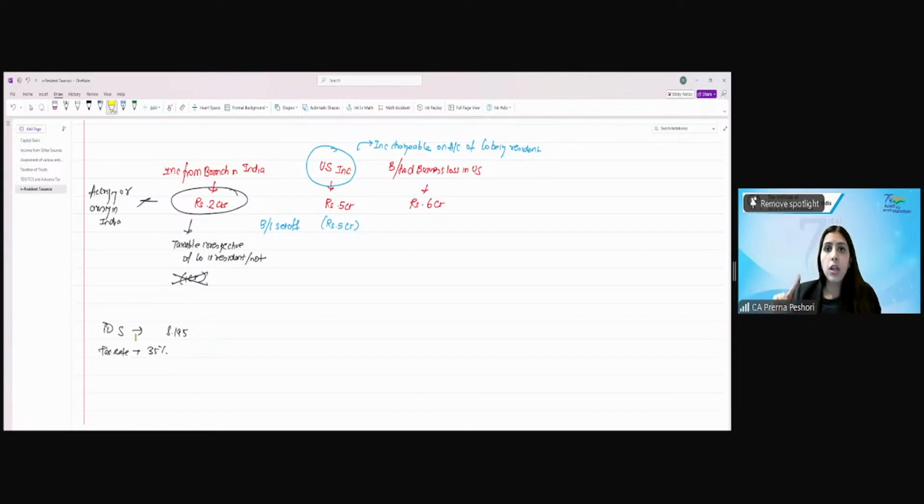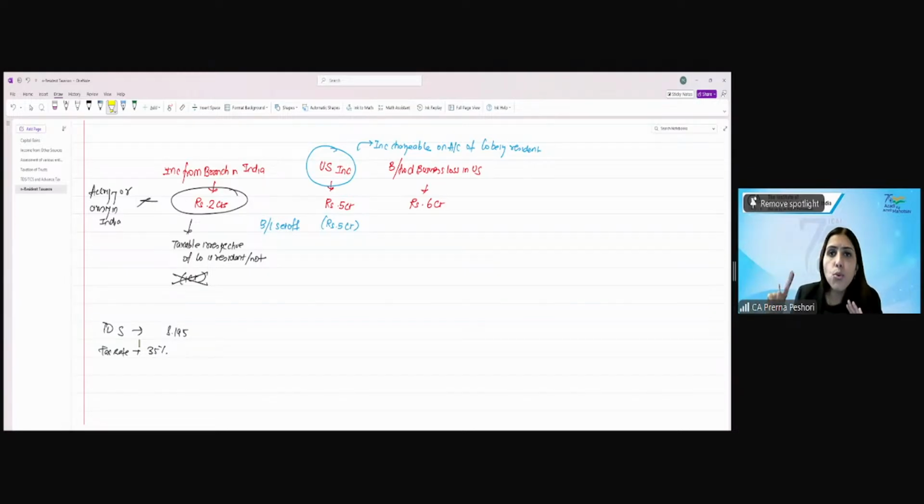Why? Because if you read the wording of 195, it's only when it is an Indian company or a company which has made the arrangements for declaration of dividend in India. You are a foreign company which is a resident in India because of having the place of effective management in India. So what will be your tax rate? 35%, because you are not a domestic company.